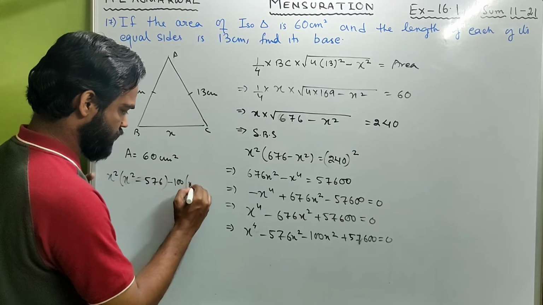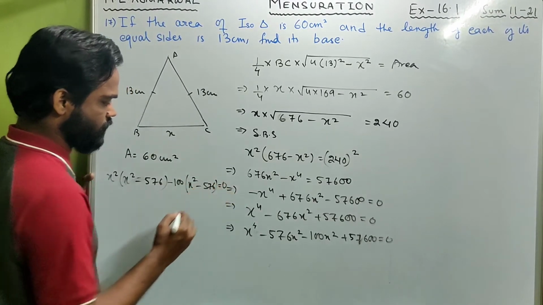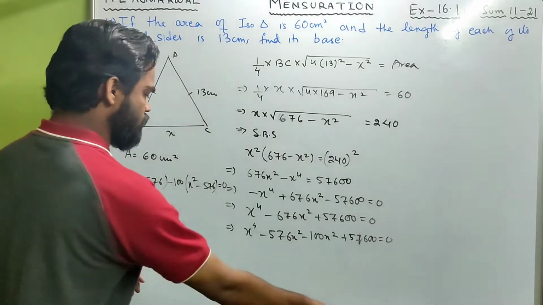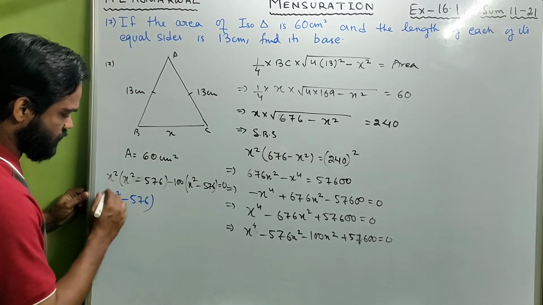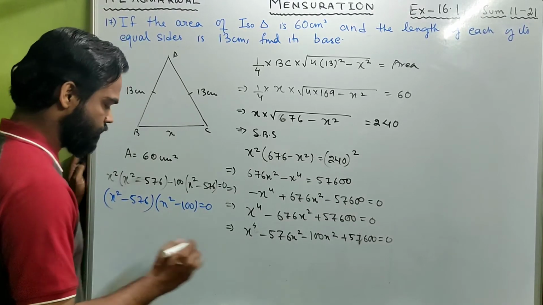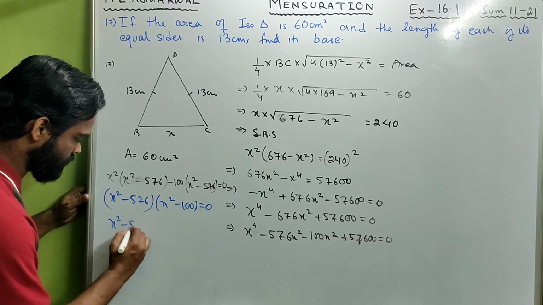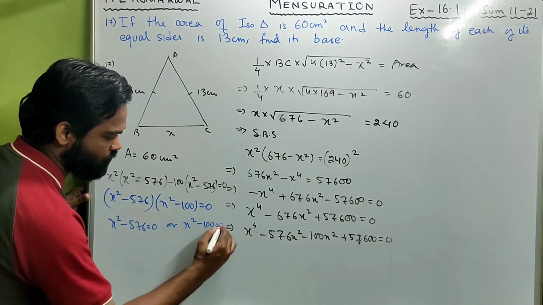So this becomes x square minus 576, this is equal to 0. Okay, we just need to solve it. So x square minus 576 times x square minus 100 equals 0. Which means either x square minus 576 equals 0 or x square minus 100 equals 0.